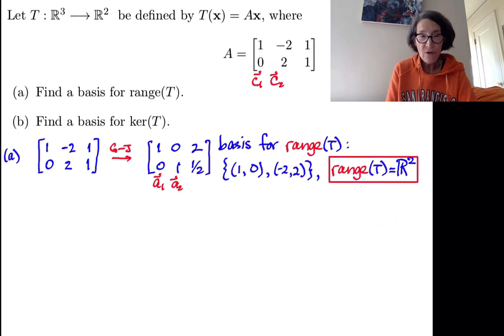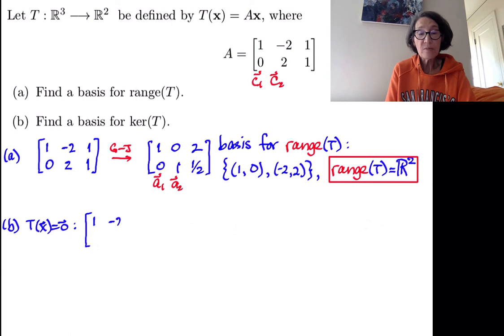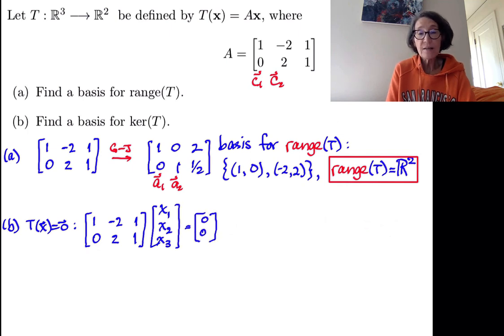So let's now find a basis for the kernel of T. So if x is in the kernel of T, that means T of x is equal to 0. So x is in R3. It's in a three-dimensional vector space, but it gets mapped to the 0 vector in R2. So that means if we multiply this vector in R3 by the matrix A, we're going to get the 0 vector in R2, right?